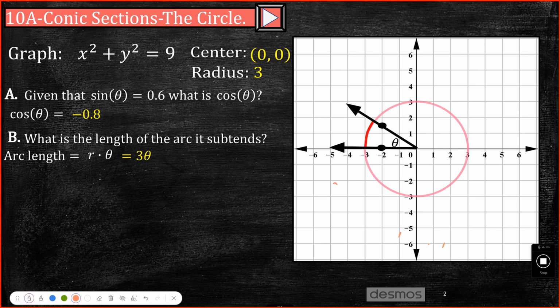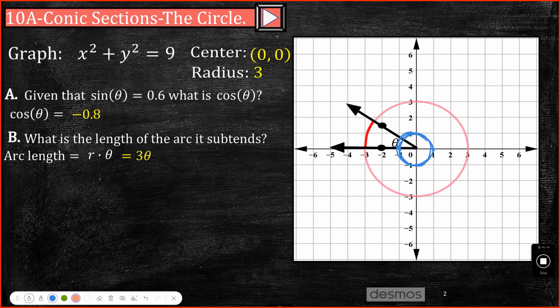Let me ask you another question. If the circle was not with a radius of 3, but was actually the unit circle, the one we'll be working with. This is the unit circle, because the unit circle has a radius of 1.